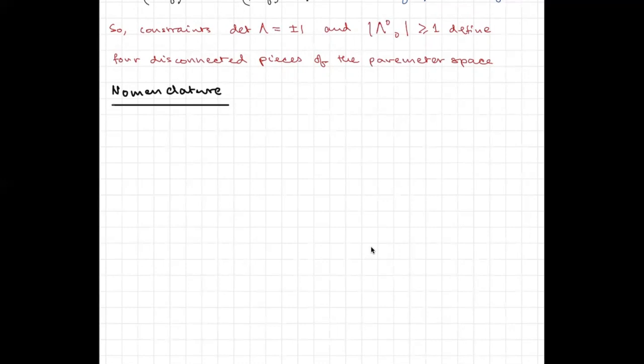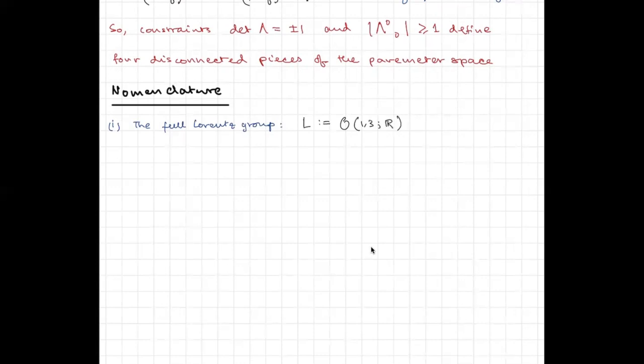Here we go. So number 1 is the full Lorentz group. This is just L belonging to O(1,3) with entries in the reals.